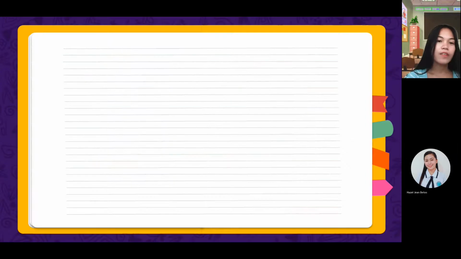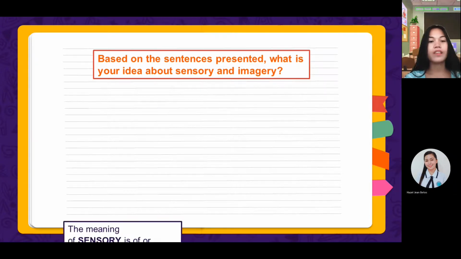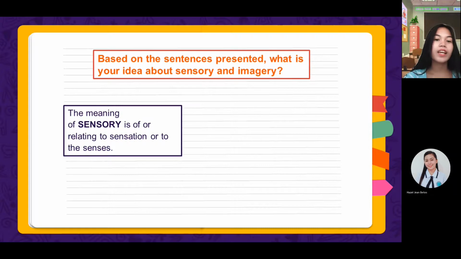Okay. Now, based on the sentences presented, what is your idea about sensory and imagery? I want Hazel to define what is sensory. All right, very good. When we say sensory, it is relating to sensation or to the senses. Imagery, I want you to answer, Stephanie. Very good.